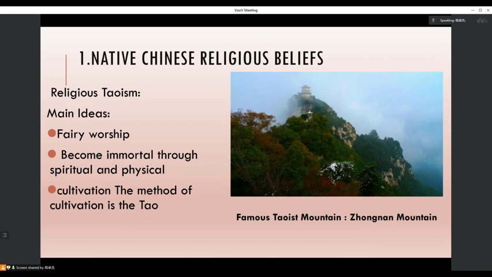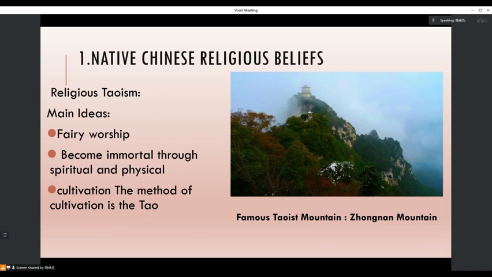You can look at the road in the mountain. Taoists think that those who live in the fresh air can live longer and become immortal in the future.